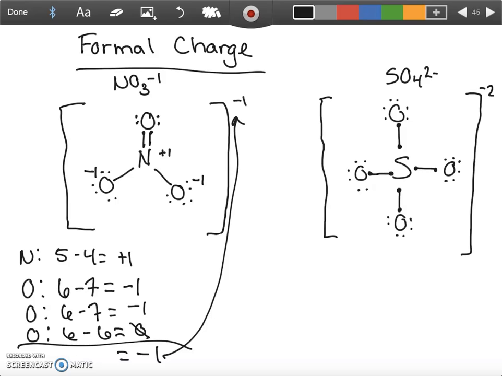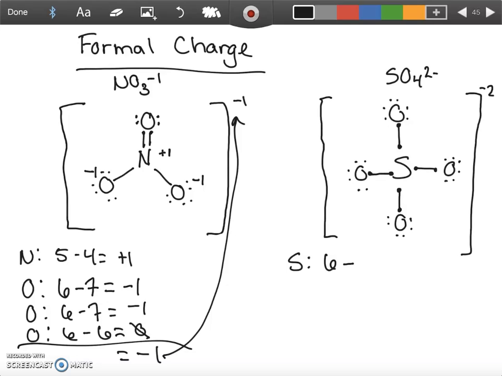Okay, let's go ahead and do the same thing for sulfate. Let's determine how the -2 charge comes from sulfate. We'll start with the sulfur. If you look at your periodic table, you should be able to determine that sulfur usually has 6 valence electrons.